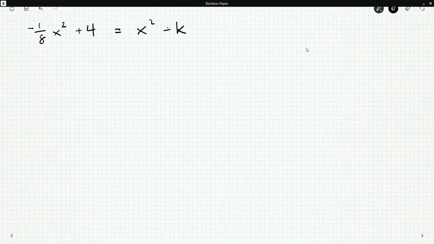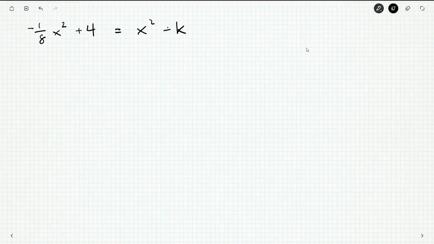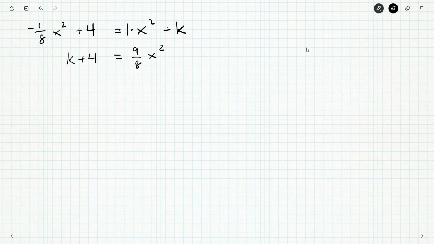Okay, so we've got these intersected. I'm going to bring the k over to the other side, k plus 4, and get all my x squareds together, and that'll make this 9/8 x squared. Because remember, this is 1 x squared plus an 8th. So 1 plus an 8th, that's 8 over 8 plus 1 over 8, that's 9 over 8.